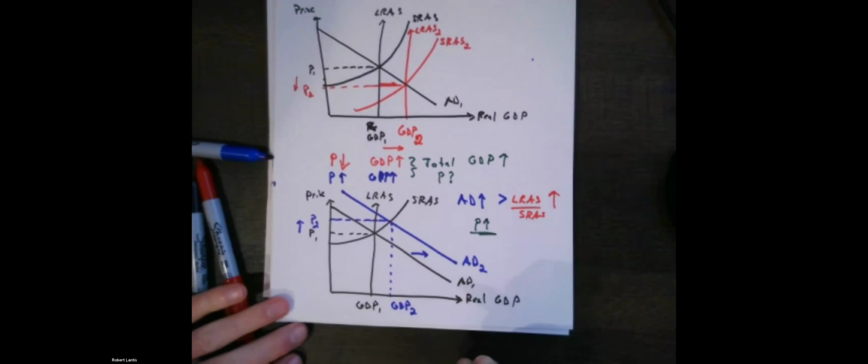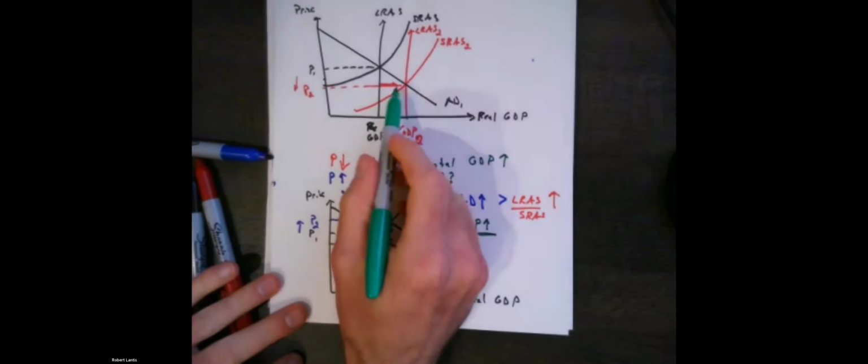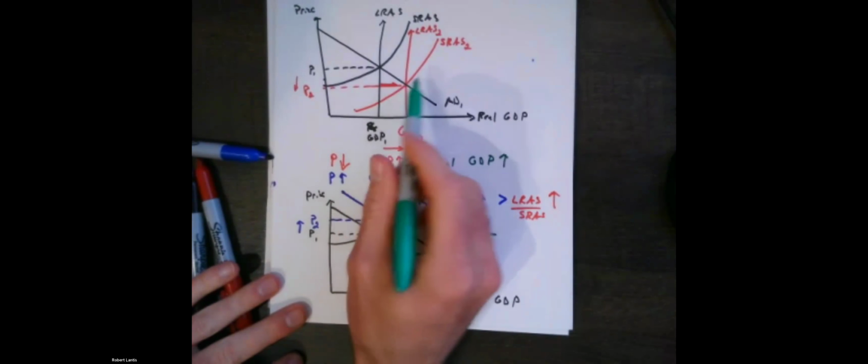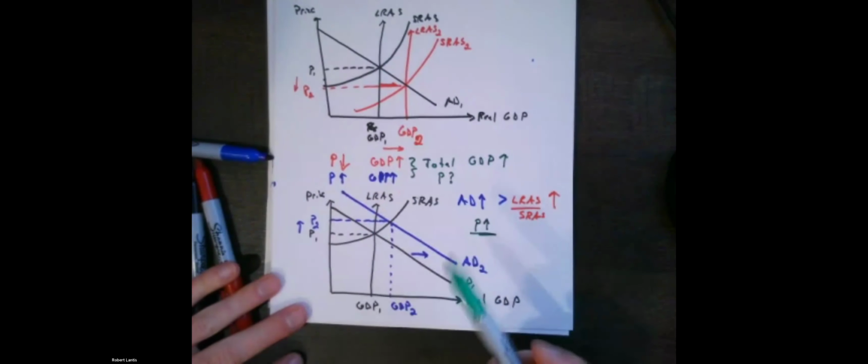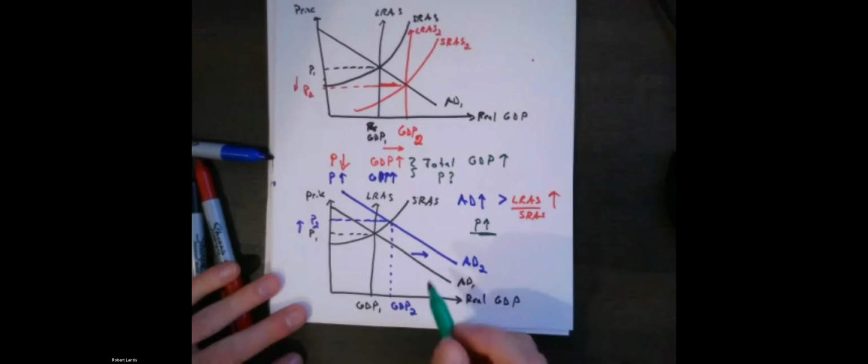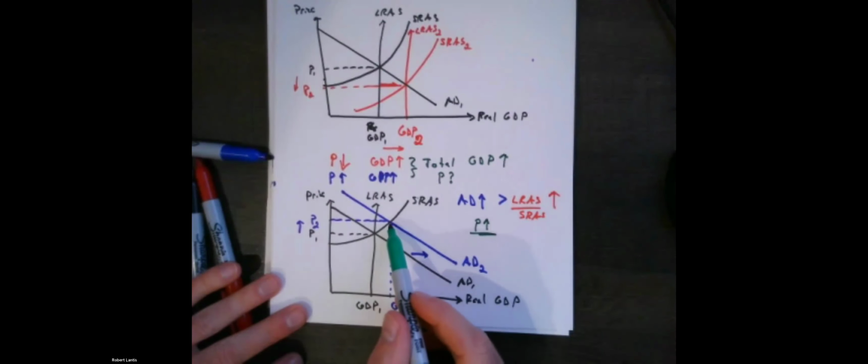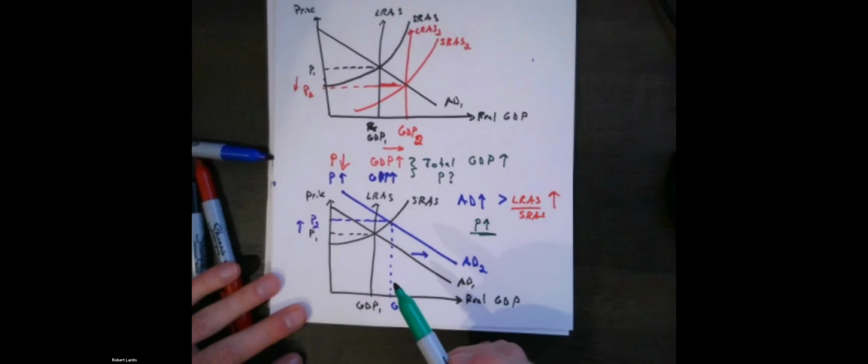Okay. So what's going to happen in the long run from that aggregate demand change? Well, here we know that these changes will exist in the short and the long run because it's shifting our long and short run aggregate supply curves. But when aggregate demand increases, yes, in the short run, it increases GDP and increases our price level.